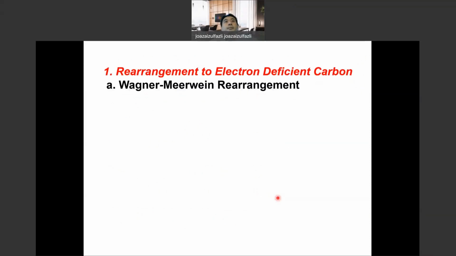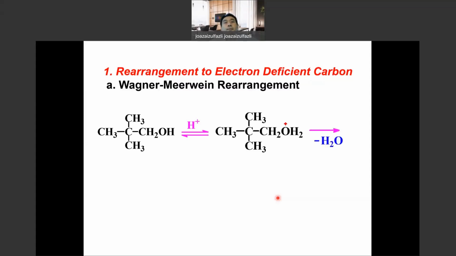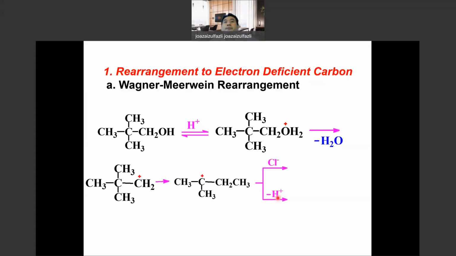So the concept we already learned, so it should be easy, it should be simple. The first step is the removal of water to form carbocation, and then rearrangement.